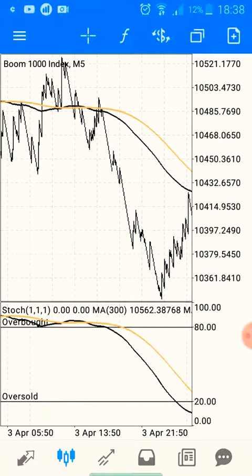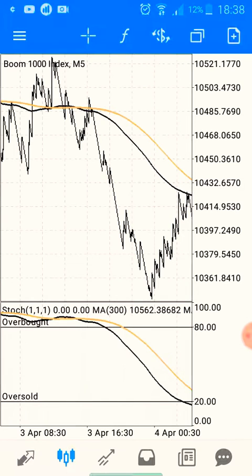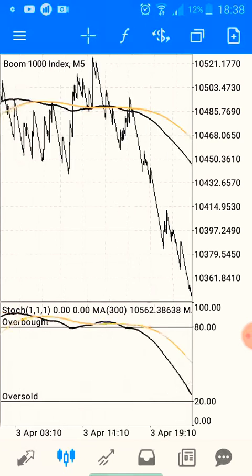Price always has to be either moving below the 300 moving average or above. If it's going up and down, then the market is in consolidation. So when the market is in consolidation, please don't take any entry. Don't trade when the market is consolidating. What's the best thing to do when it's consolidating?